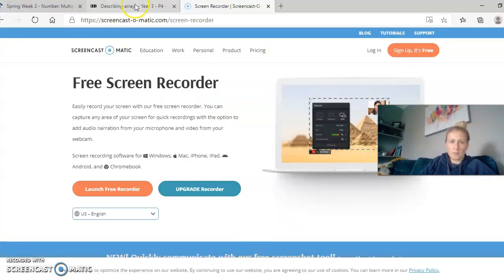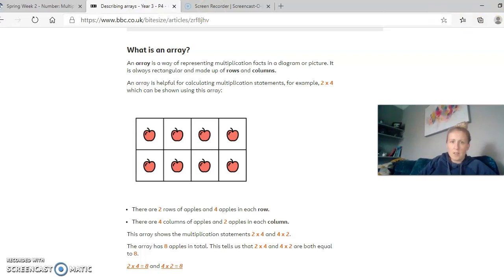So let me find here. An array is a way of representing multiplication facts in a diagram or picture. So this picture is an array, and it's an array of apples. And what it's doing here is it's got an apple in each box, hasn't it?